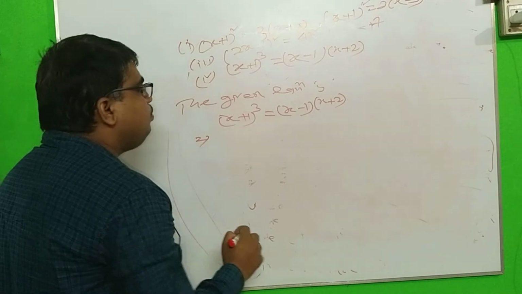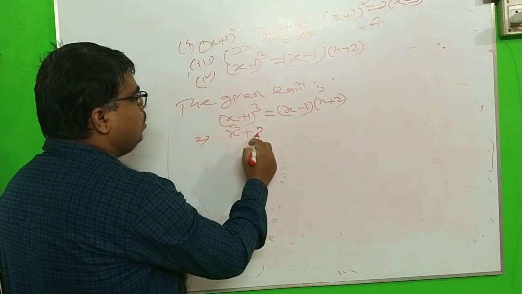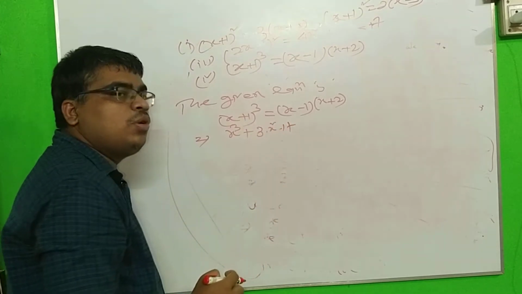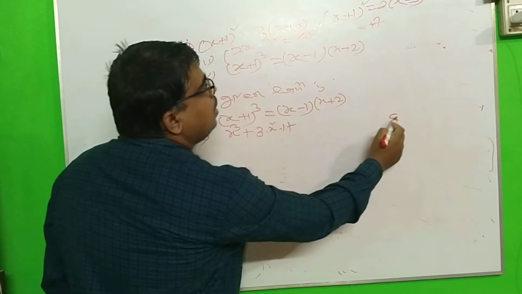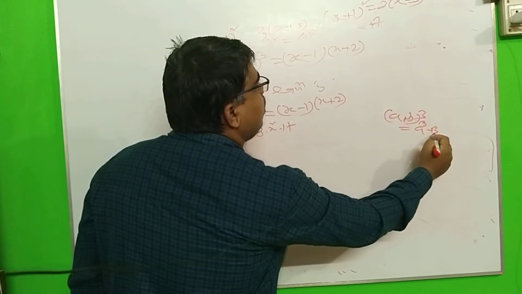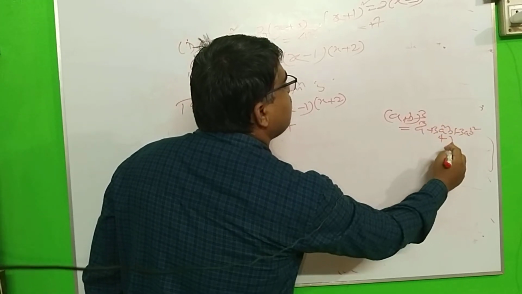This implies x cube plus 3 into x square plus 1. We know the formula of (a plus b) whole cube equal to a cube plus 3a square b plus 3ab square plus b cube.